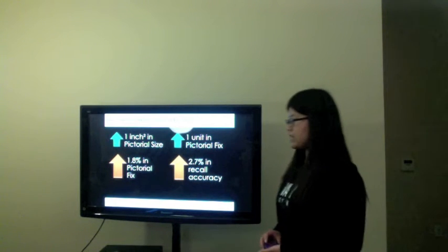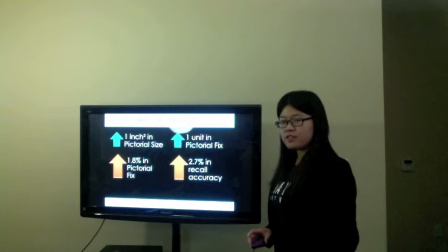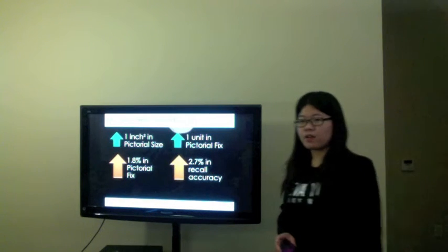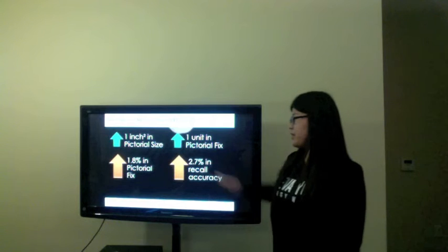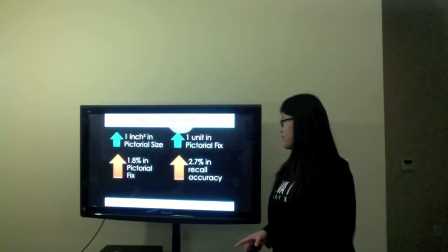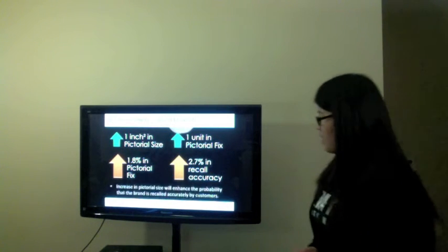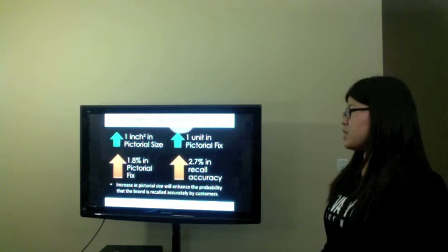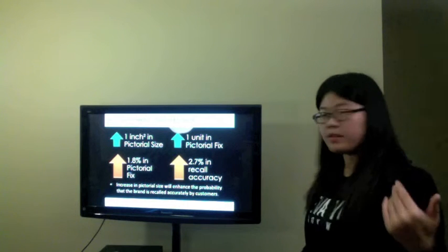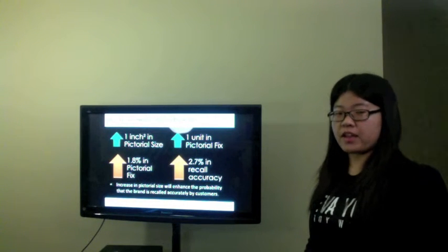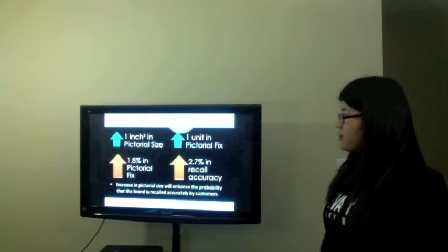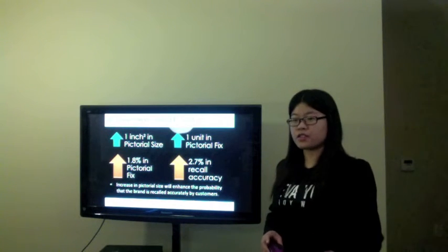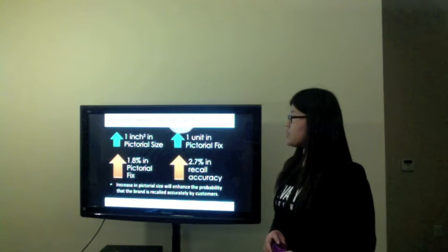When pictorial fixation increases, the respondents are more likely to recall the brand correctly, and there will be a 2.7% increase in recall accuracy. So similarly, we can conclude that an increase in pictorial size will also enhance the probability that they can recall the brand correctly. If the advertisements are given enough space, they definitely should increase both the size of the pictorial and the brand.